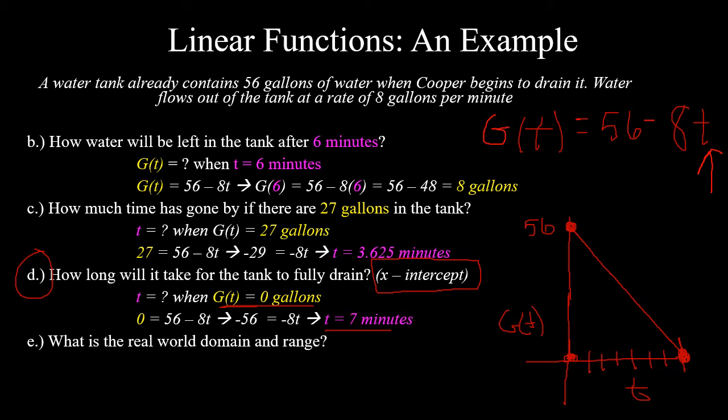So this is sort of our little graph here, and it makes sense that we would have this negative sloping line, right? Because we have a negative slope, so our line should be decreasing like that. So I put this here for a reason. You'll see why I put it here in the next problem.